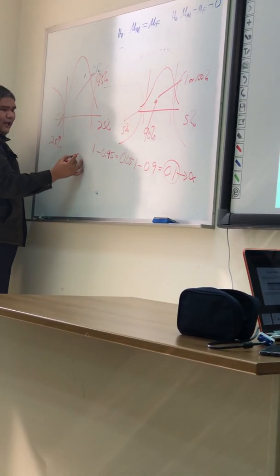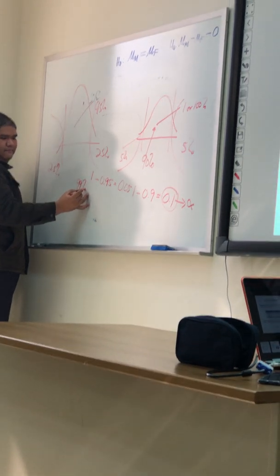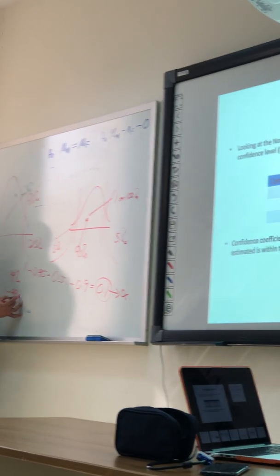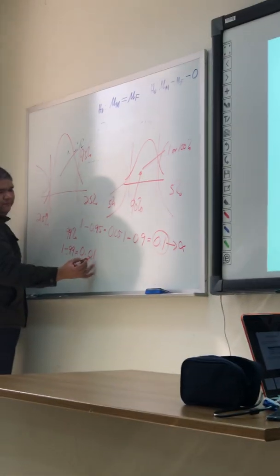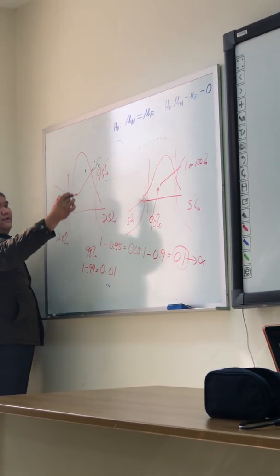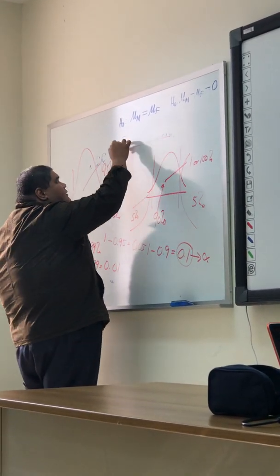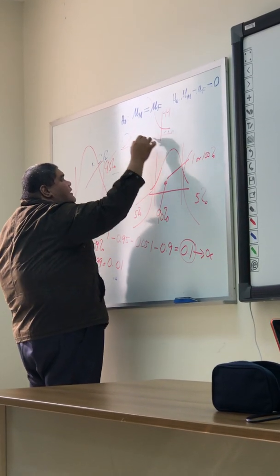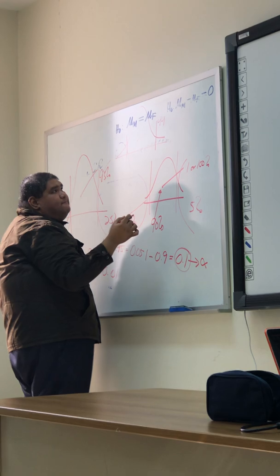What about 99%? This corresponds to 1 minus 0.99, which is equal to 0.01, and alpha equal to 0.01. Therefore, for the middle 99%, how much will be removed? 0.01.